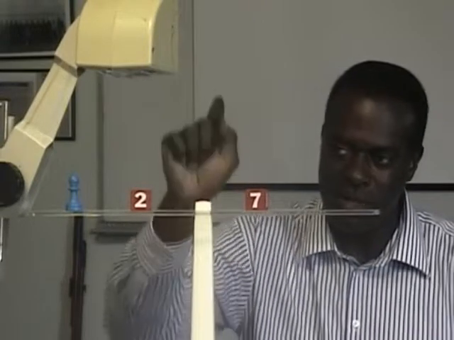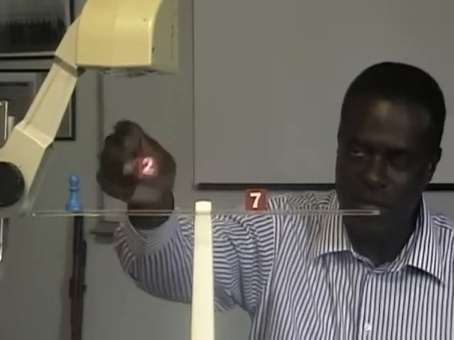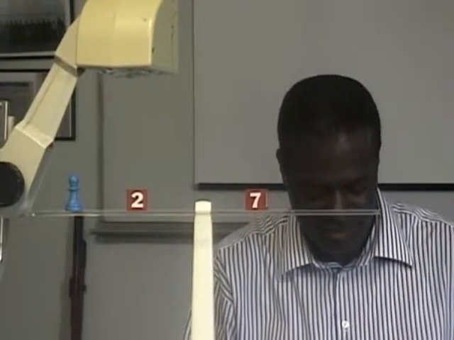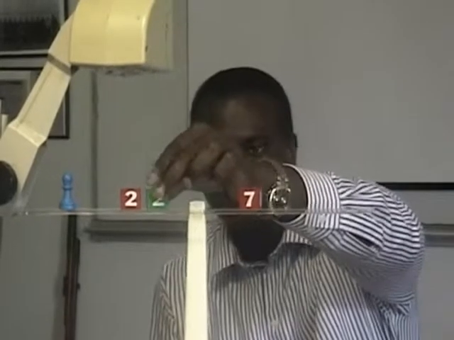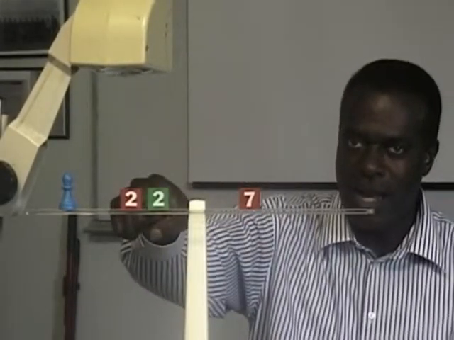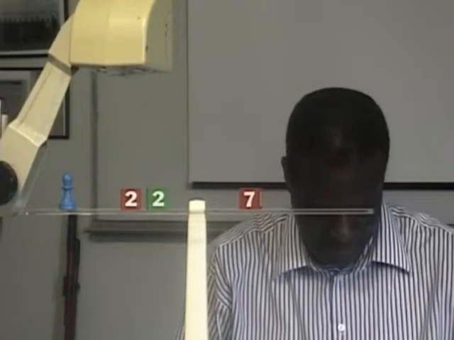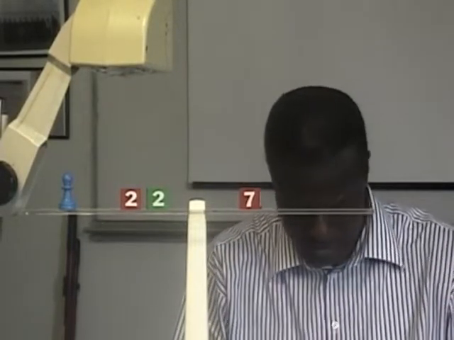What's the opposite of negative 2? Positive 2. Let's do that. So we're going to add positive 2 to this side. If I add positive 2 to this side, I must add positive 2 to the other side. Here we go. Now what's going to happen?